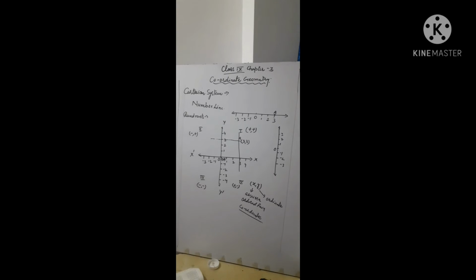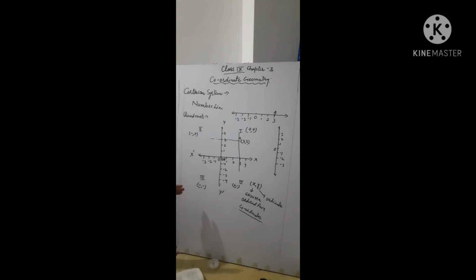It means if we have to draw a coordinate at which both the numbers are positive, it will lie on the first quadrant. If abscissa is negative and ordinate is positive, it will lie on the second quadrant.